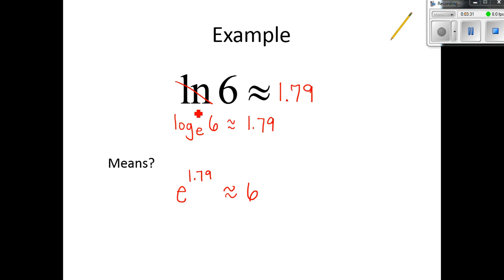Instead of writing ln, we could write log base e, or instead of writing log base e, we just shorten it by using ln. But everything that we do with base e is the same as when we were working with all the other logs, with all the different bases.